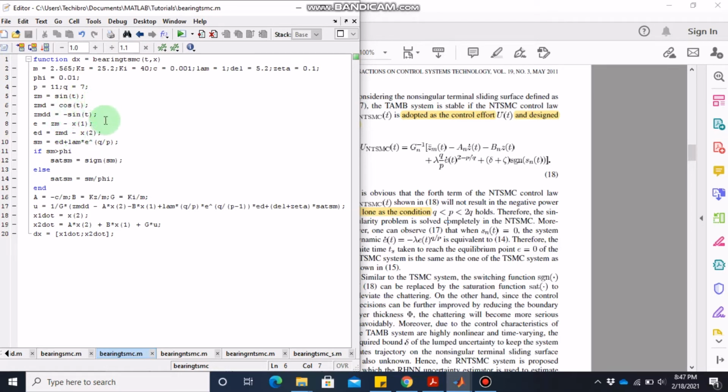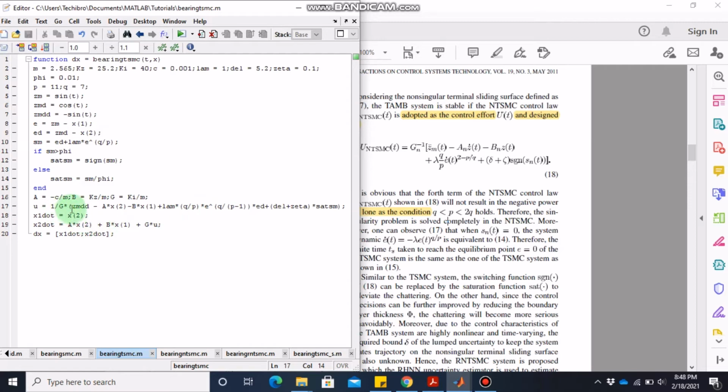Still, I want to give you at least a starting point, which is that I recommend you start from the PID control and the SMC control discussed in this paper, but I will continue the discussion briefly about the terminal sliding mode control. The difference is in the sliding surface, and the second difference is in the control law.